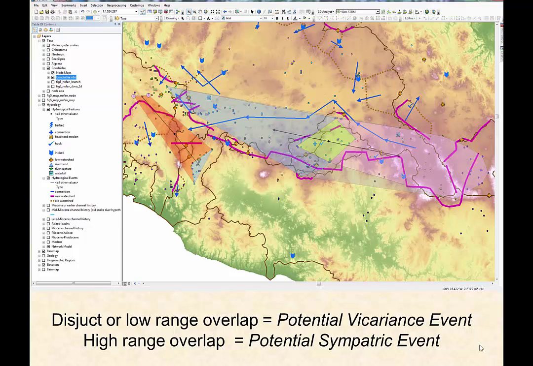This is quite likely to be vicariant because they're separate. This is, of course, all the evidence that goes with it that underlies the thing. So, disjunct or low overlap is likely to be vicariant. High overlap, potentially sympatric evolution, say in a lake.